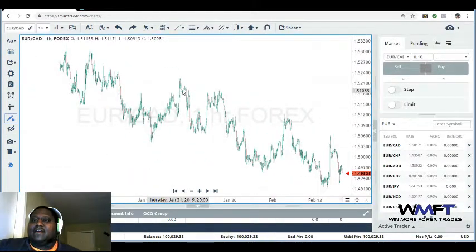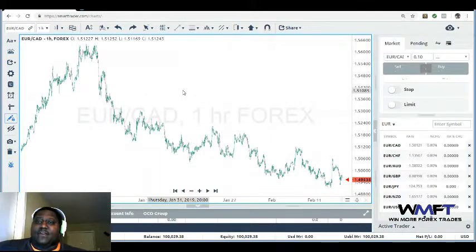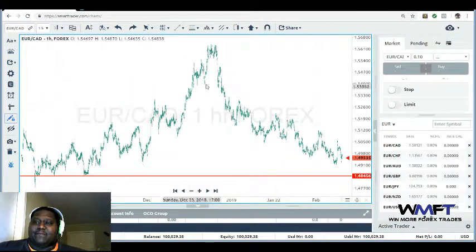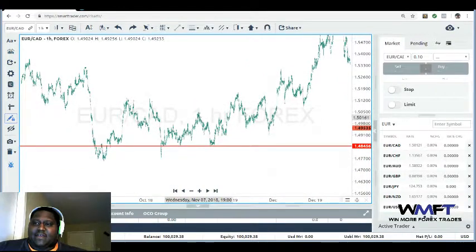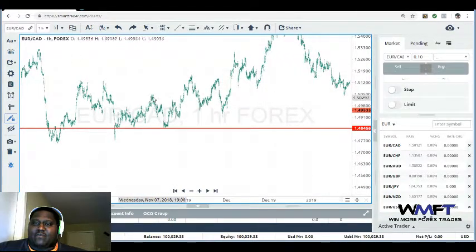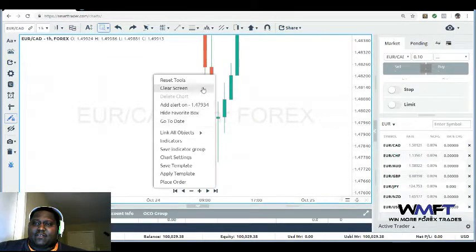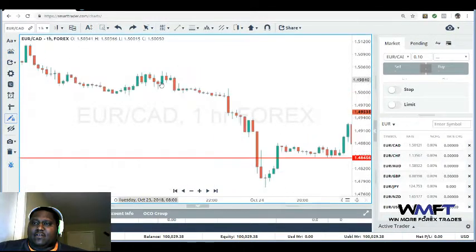Okay, so now on the 1 hour time frame, there should definitely be a crown formation. If we can find the crown formation on the 1 hour time frame, that should give us a good idea of whether or not the market wants to go back to that price point.